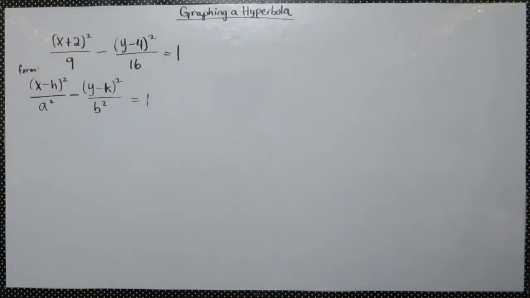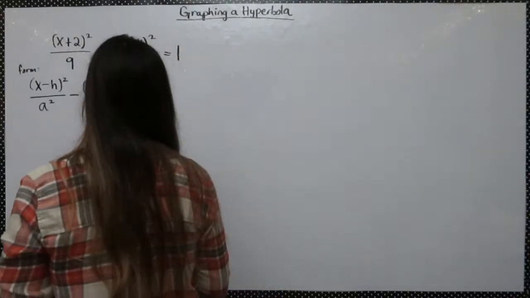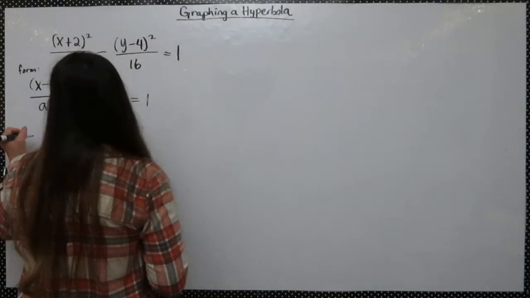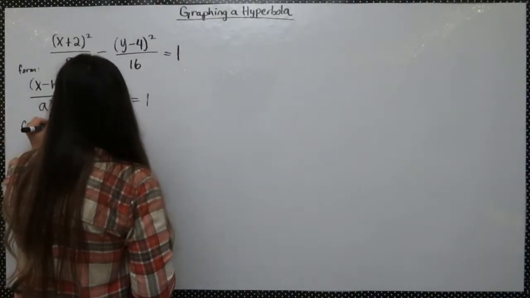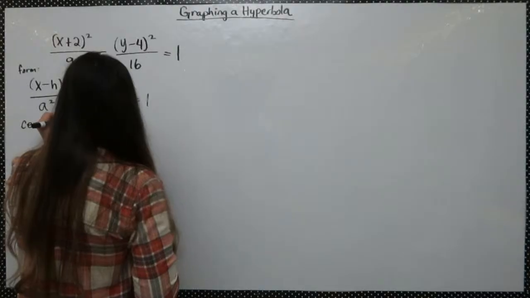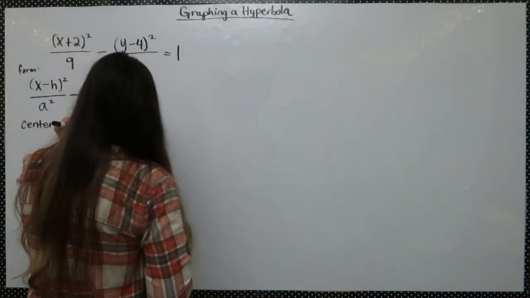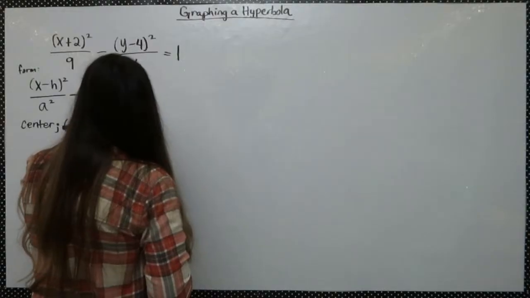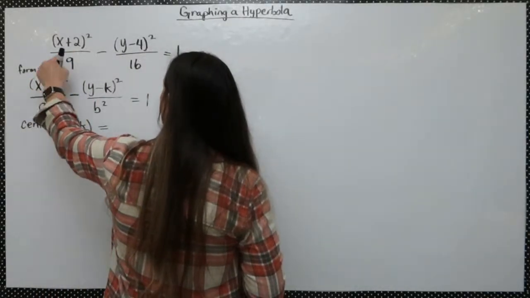The center is at h comma k. So here, let's make a list. We've got center is at h comma k. All right, so your form is negative, your value is positive.